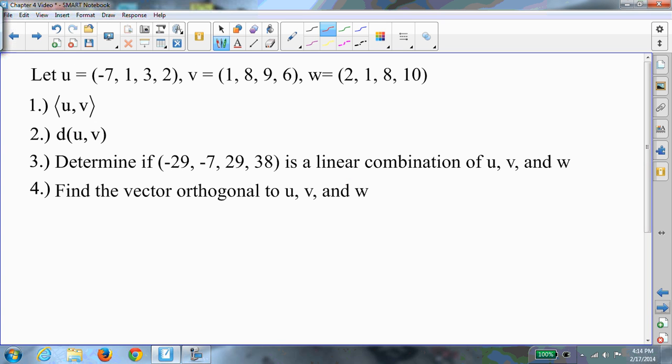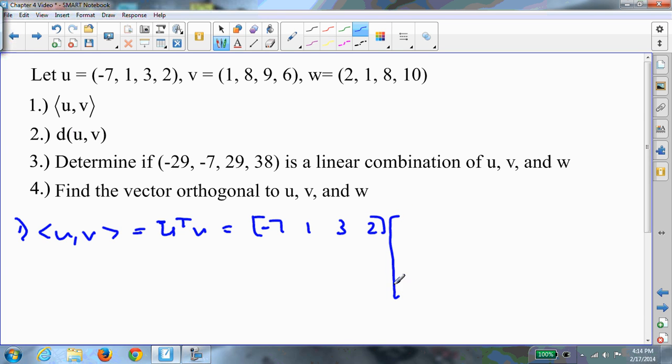Alright, so now let's start taking this section by section and looking at different things. First, I wanted to start with the general ideas with vectors. So, u inner product v. Now, one thing we talked about is that I can think of this as 2 matrices. So I could think of this as u transpose v, because I can rewrite this as a row, -7, 1, 3, 2.